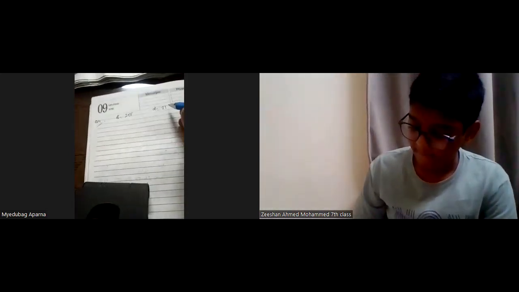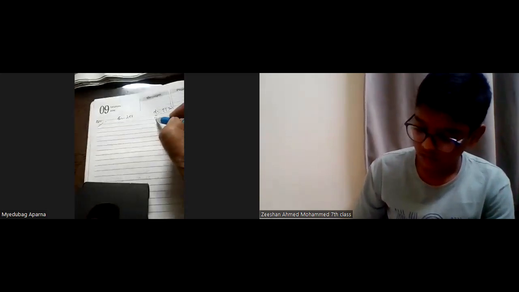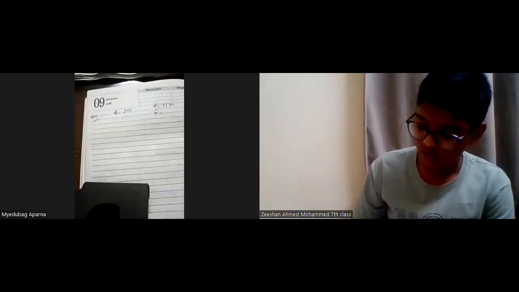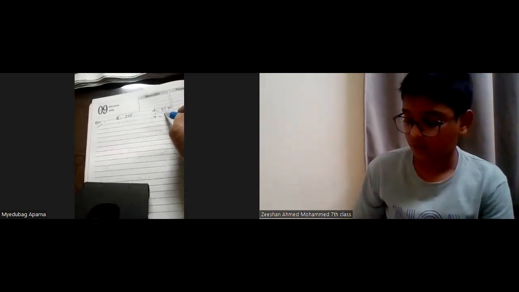Diameter is 21. 21 meter or centimeter? 21 meter. So you can find the radius. How can you find the radius? 21 by 2. It's 1.5?